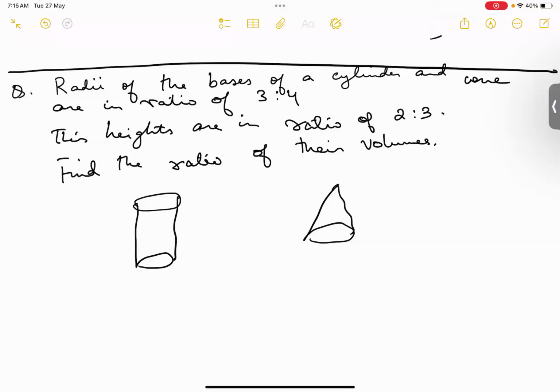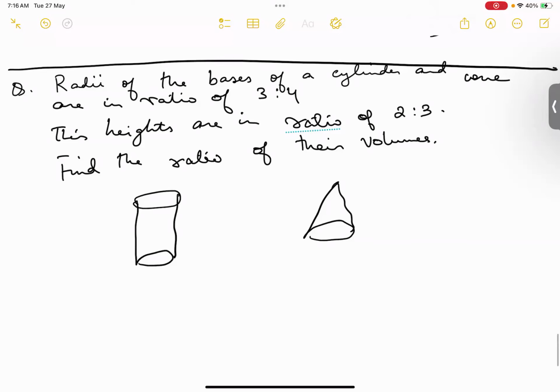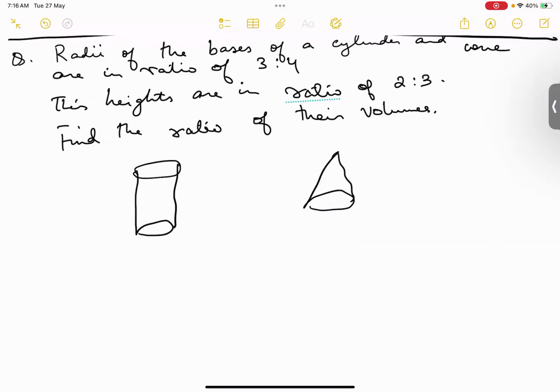Now they have not given us what the radius or the height is. But we can consider this as R and this as H for the cylinder. Similarly, for the cone, we can use the small letter r and height as small h. Now here it's given that heights are in the ratio of 2:3, which means H by h is equal to 2/3.